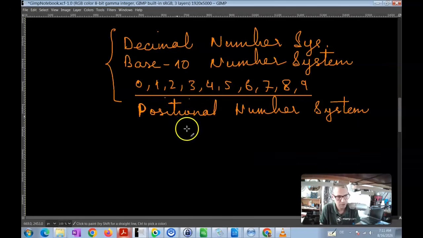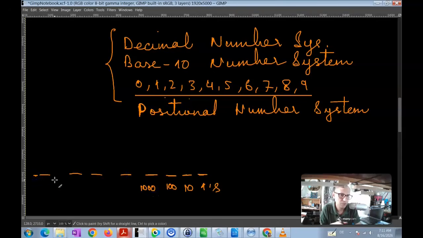In the decimal number system we have the ones place value, the tens place value, the hundreds place value, the thousands place value, and you can keep going: the 10,000, the 100,000, the million, and so on. If I put a 2 in the ones place value, it's 2 groups of 1, which is just a 2.